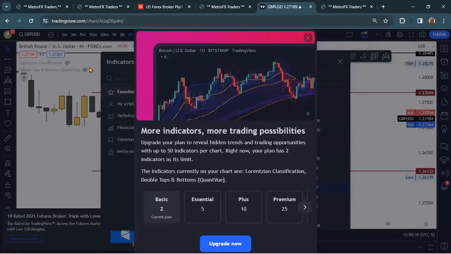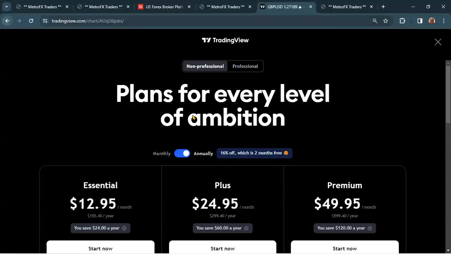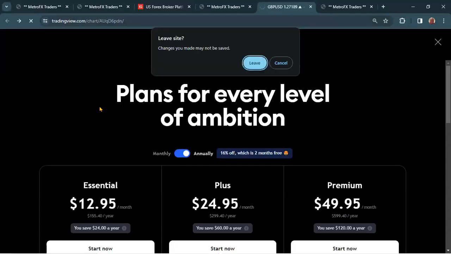So let me delete a couple of things off my chart here. Of course, this would act up.